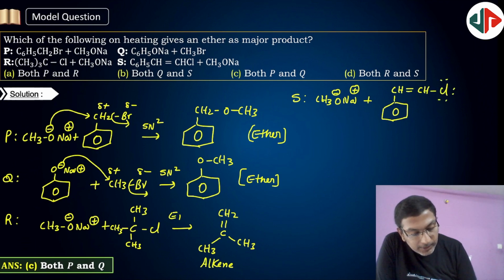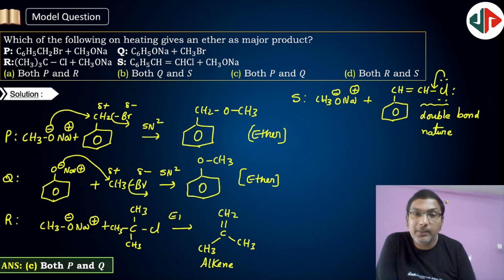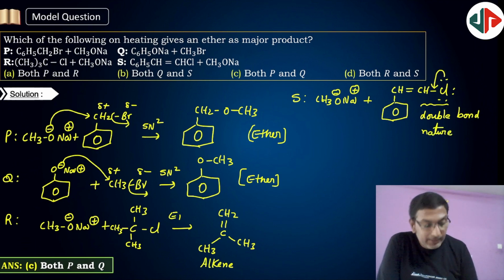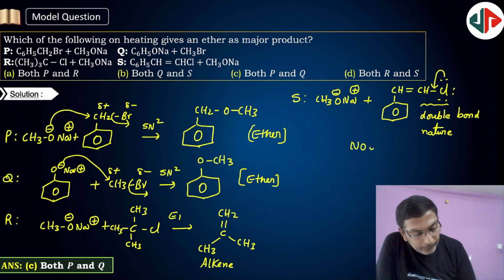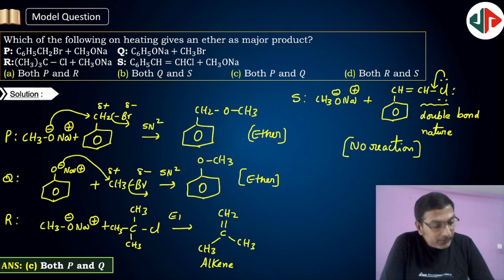Here there is conjugation between the lone pair and the double bond, therefore there is double bond character. Therefore Cl will not be displaced, so no reaction. So in P and Q, ethers will be formed. Option C.